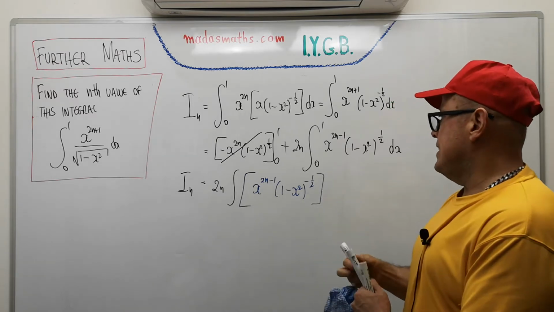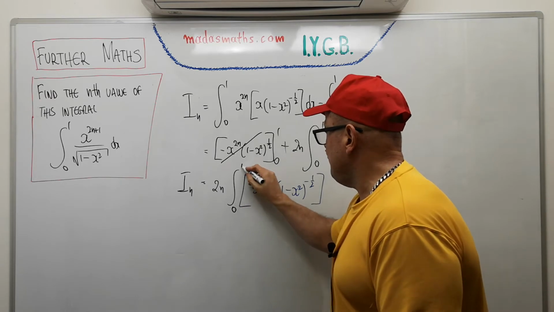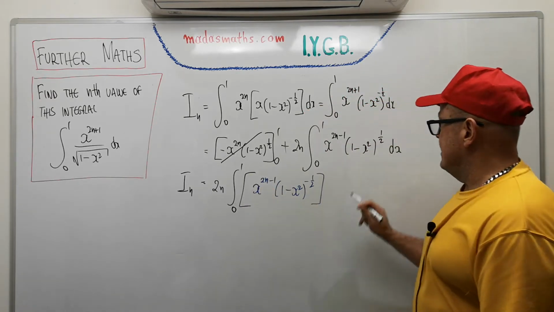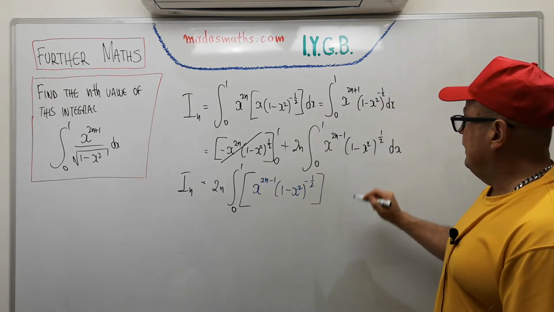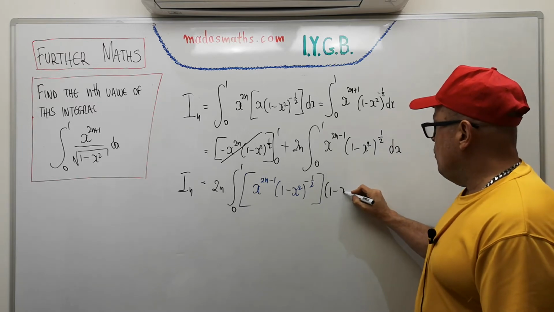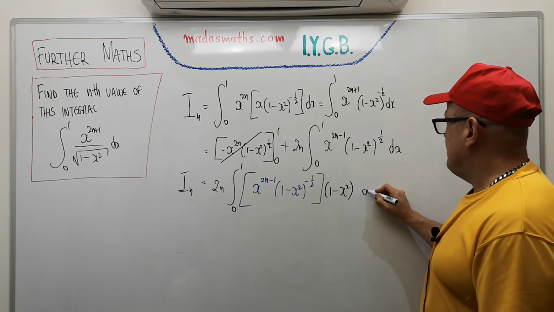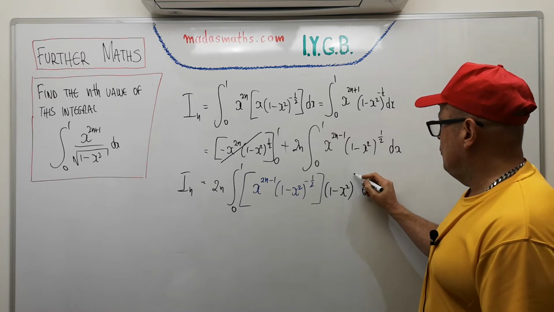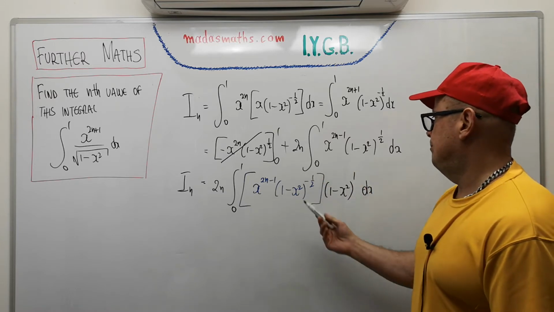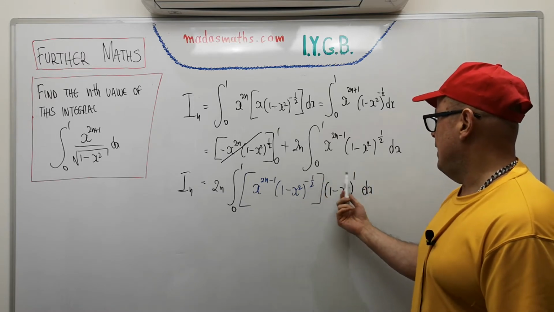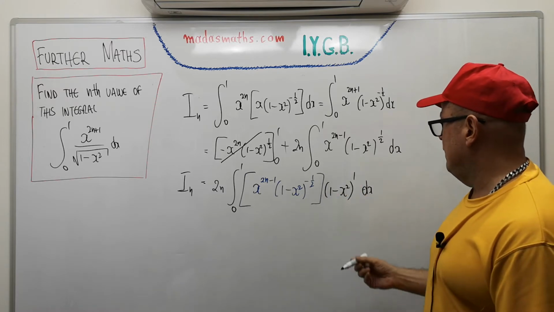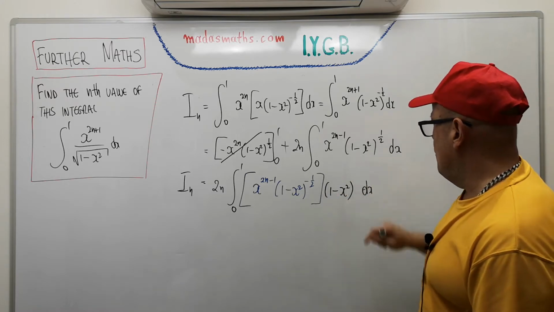Of course I changed the integral by doing so. And in order to balance it to be worth exactly what I had here, I need to multiply by (1 - x^2) to the power of 1. Multiplication of bases is the same as adding the power, so that's still worth exactly the same.